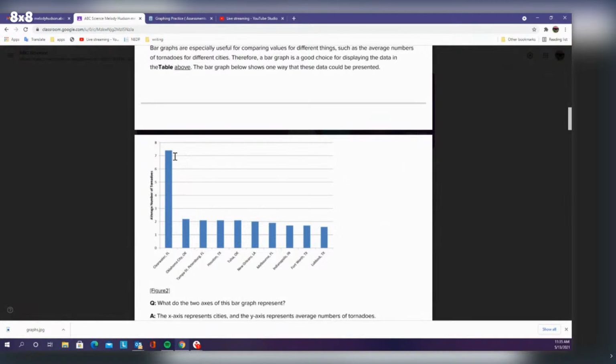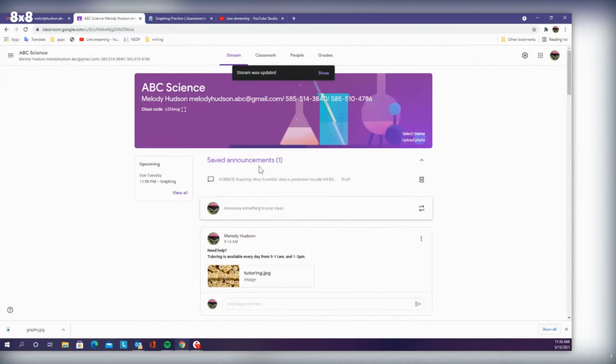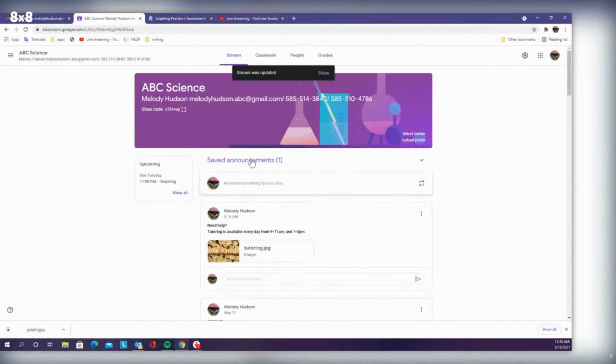So again, if you were to look at Clearwater, Florida, you're looking at a little under 7.5 per thousand, remember? And what about, again, if we look at Lubbock, Texas? Well, here's the 2 line for the number of tornadoes. It's not quite 2, right? A little over 1.5. And I think the number was 1.6. So you can see it represented that way as well on a bar graph.